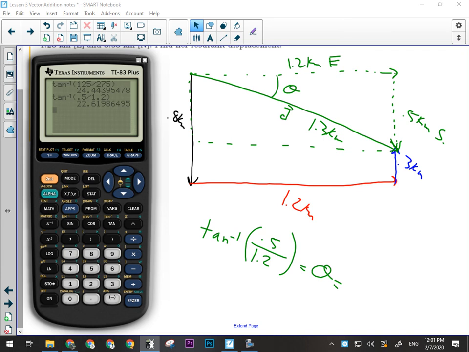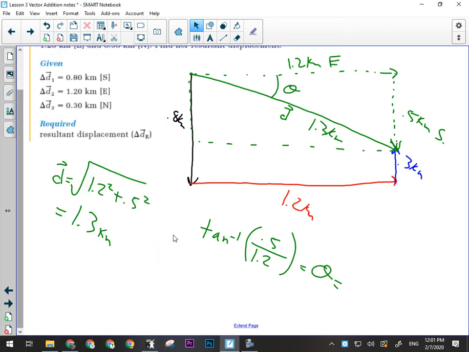Okay, so we're getting 23 degrees. Okay, so this angle here is 23 degrees. What direction? South of east.